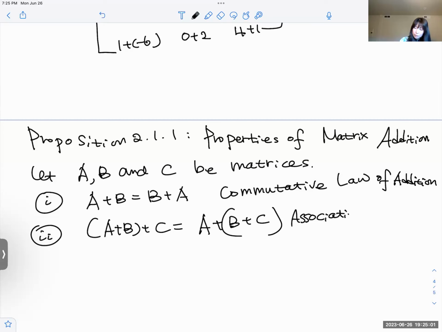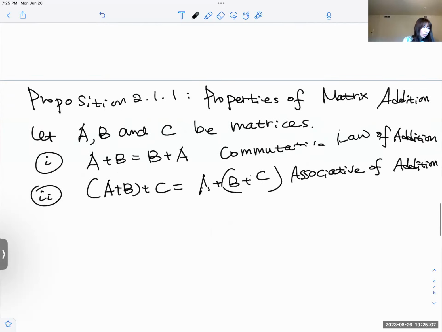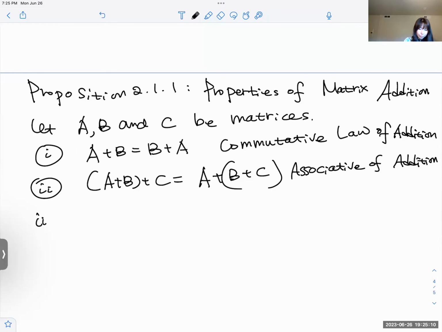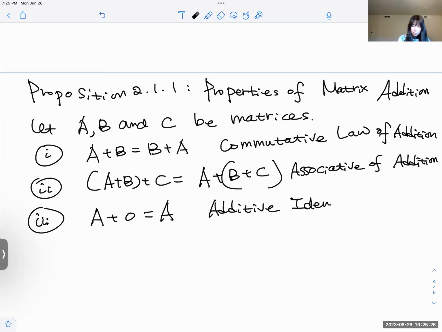Third, A plus 0 gives us A back, that's the additive identity. Last one, A plus negative A gives 0, the additive inverse.